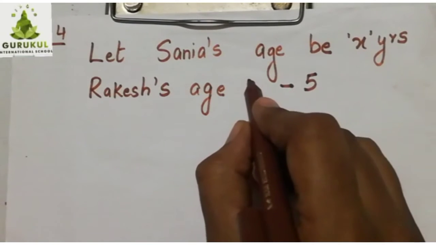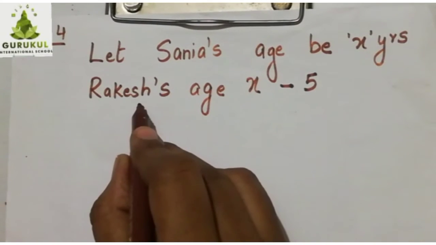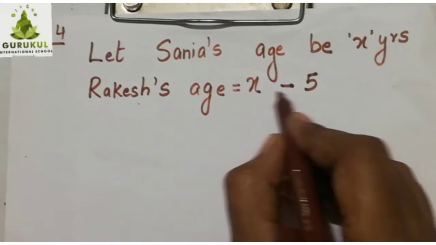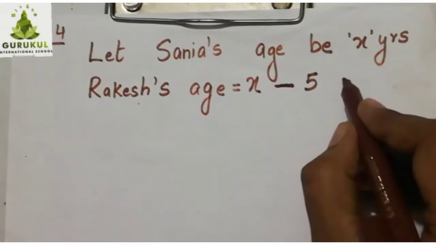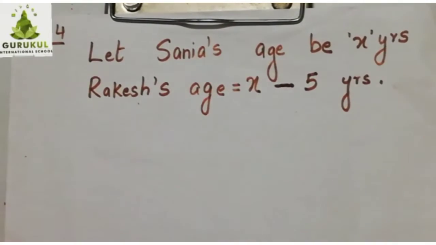If Sania is X years, Rakesh's age is equal to X minus 5. Is this much clear, how to frame the expressions needed for the equation? Rakesh's age is less than Sania's age by 5 years, so Rakesh's age is X minus 5. Now see the next statement.